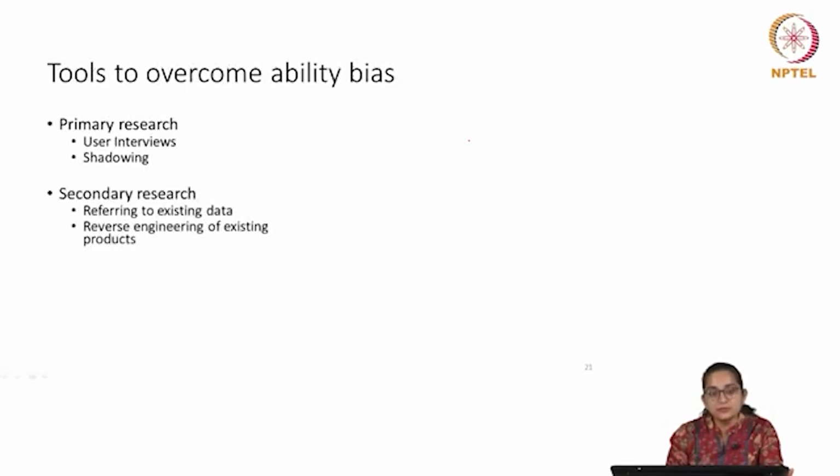There can be several tools to overcome ability bias: primary user interviews or shadowing, following people and observing how they are adapting and interacting with the existing systems, can give a lot of insights. Secondary research can mean referring to existing data or reverse engineering some of the existing products.